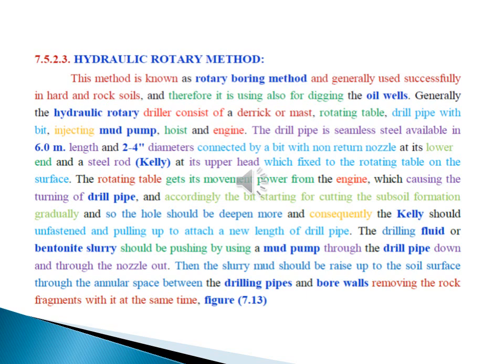The drilling fluid or bentonite slurry is pushed by a mud pump through the drill pipe down and out through the nozzle. Then, the slurry mud is raised up to the soil surface through the annular space between the drilling pipe and the bore walls, removing the rock fragments at the same time, as shown in the illustrated figure.